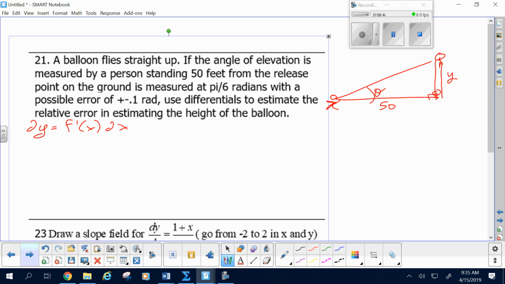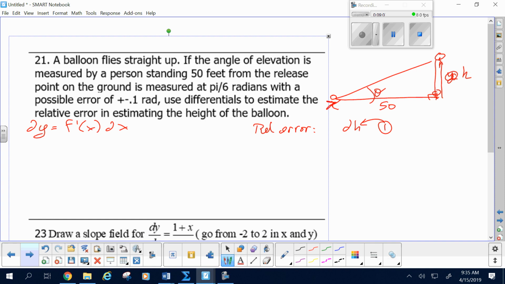So the question then is relative error in estimating the height of the balloon. Actually, maybe I'll call this H. Are you down with that? All right. Now, relative error is to first find the error or estimate the error in calculating the height.